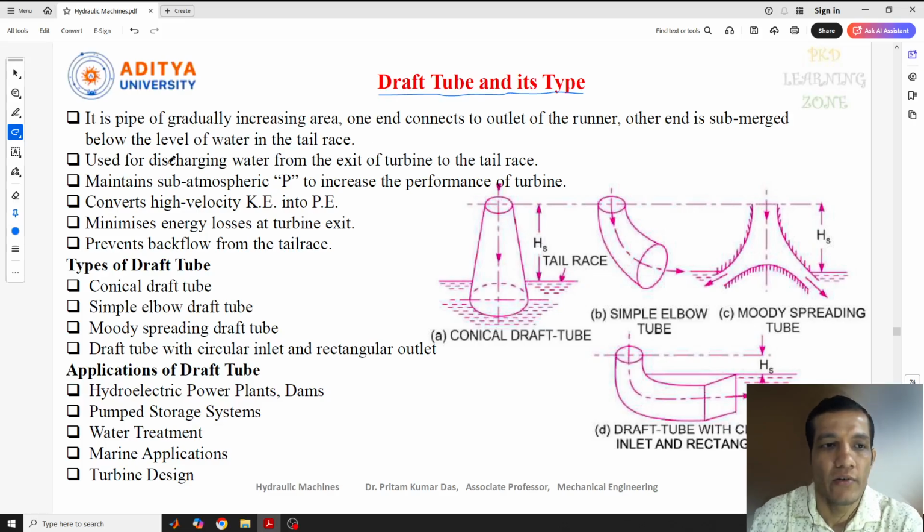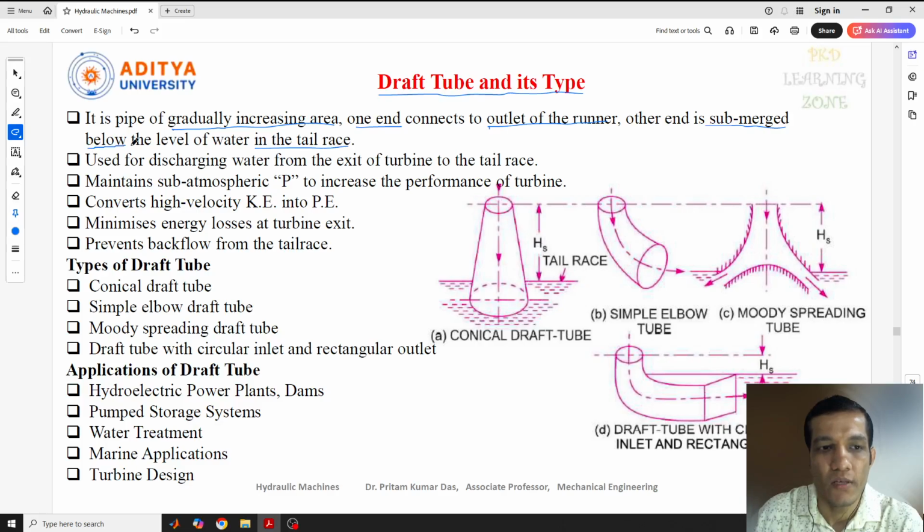Let's see. A draft tube is a pipe with gradually increasing area, in which one end is connected to the outlet of the runner and the other end is submerged in the water below the level of water in the tail race.